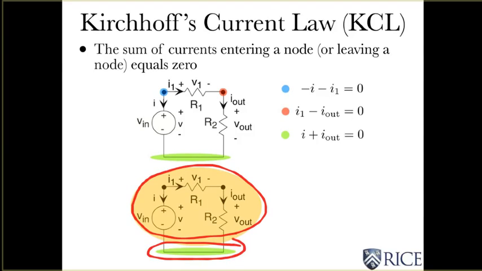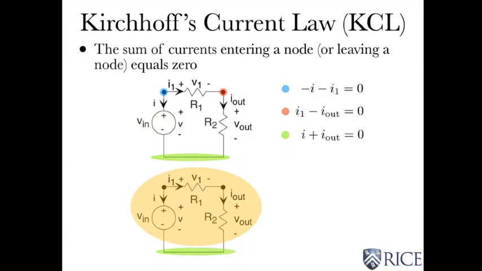Because KCL is satisfied at each of the individual nodes here, the sum of currents leaving the yellow surface has to be I plus I out. Well, those currents have to leave and go into the green node by definition, so that gives us the other KCL equation of currents entering.